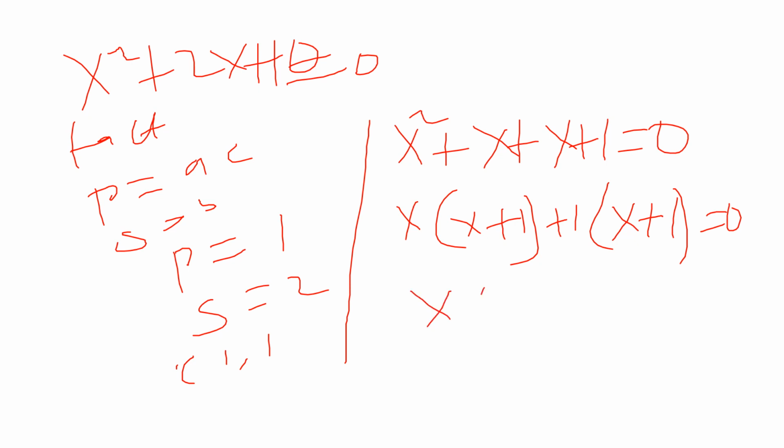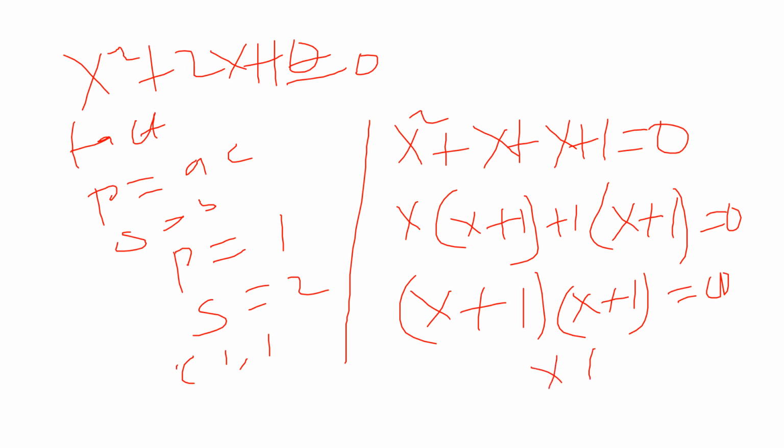So we have x plus 1 and then x plus 1, and this equals 0. In our case, x plus 1 equals 0, so the value of x becomes negative 1. That is how you can solve using the factorization method.